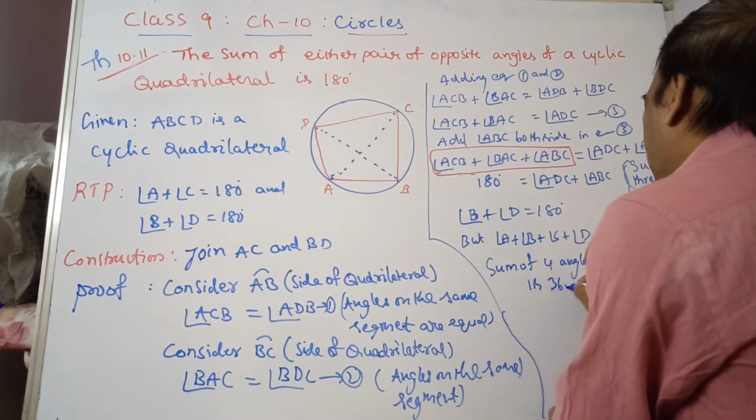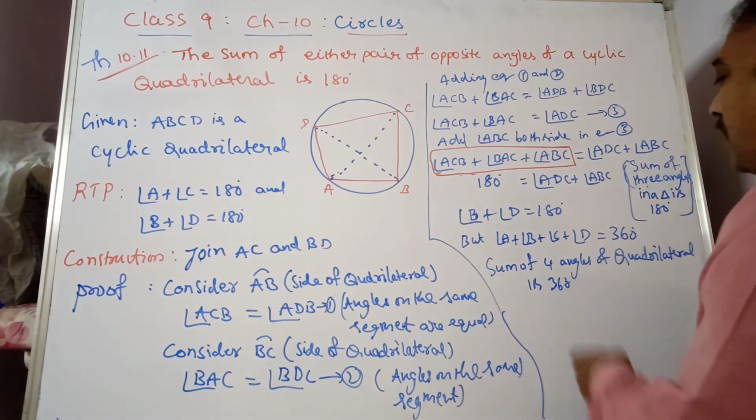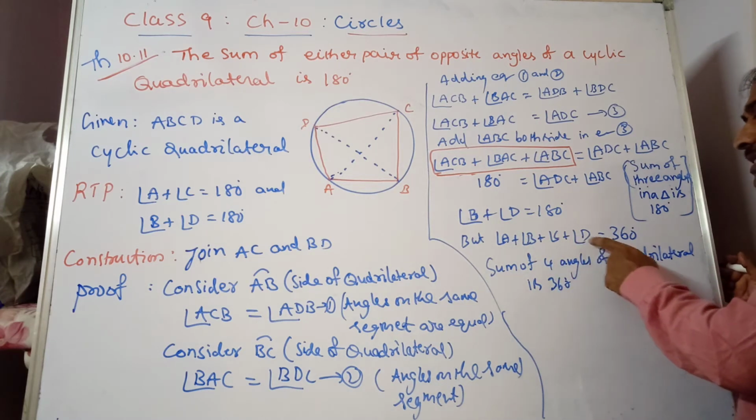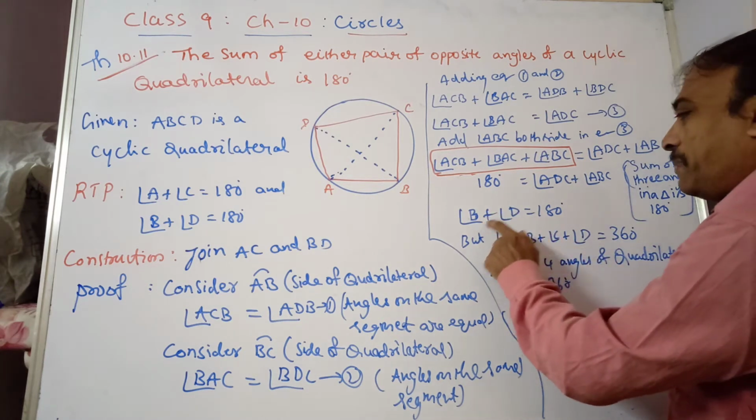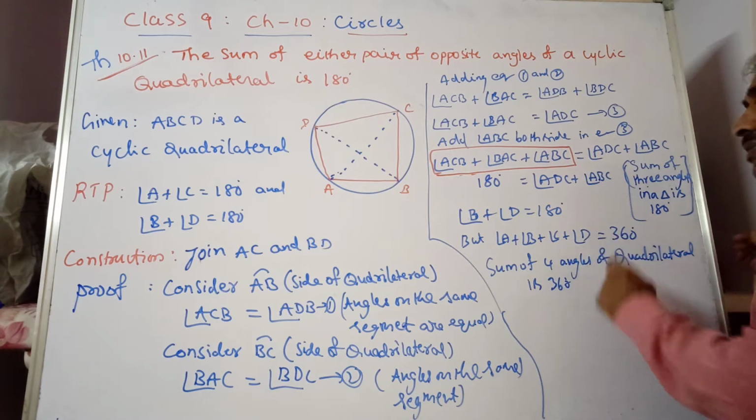Now we know that A plus B plus C plus D is equal to 360. But what is B plus D? B plus D is equal to 180.